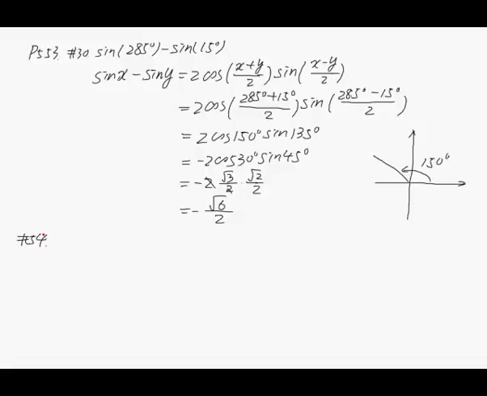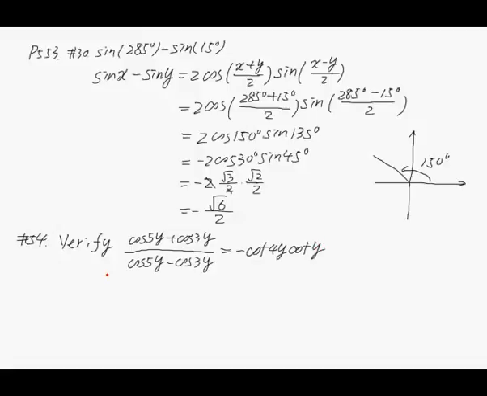In this problem, we need to verify an identity: cosine 5y plus cosine 3y over cosine 5y minus cosine 3y equals negative cotangent 4y times cotangent y.